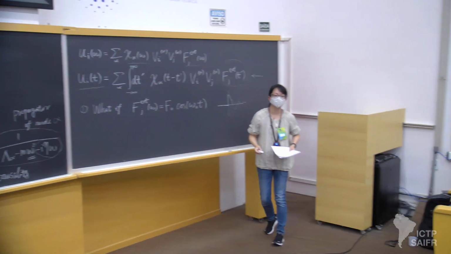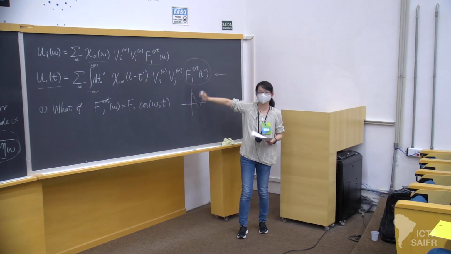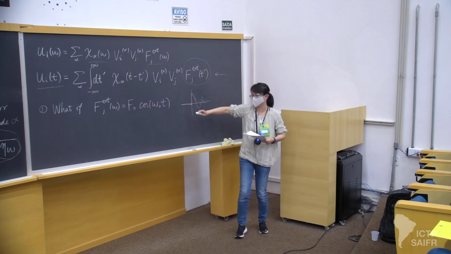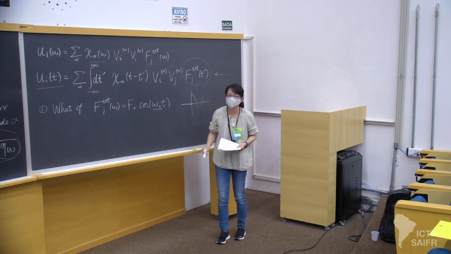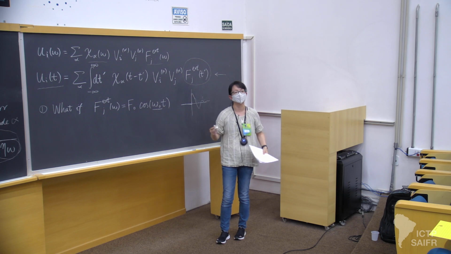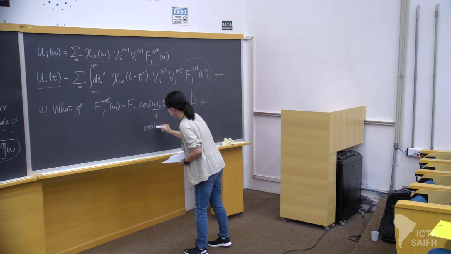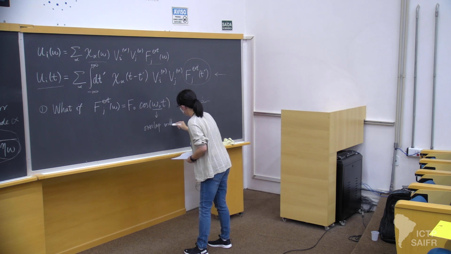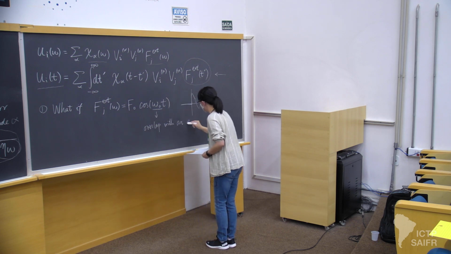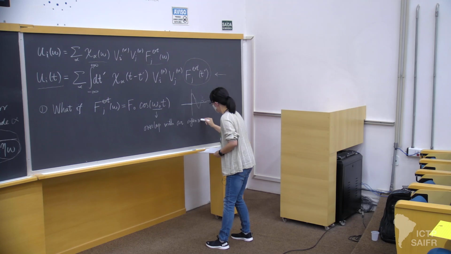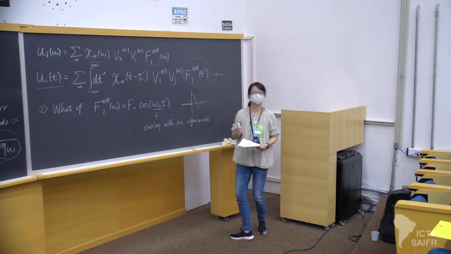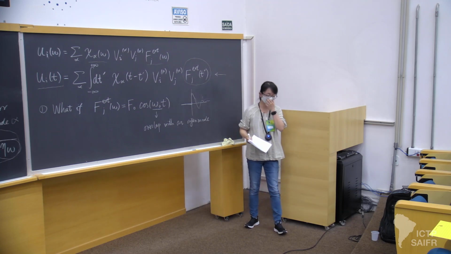I just give it a monochromatic force, just one frequency. And this omega naught happens to be one of the eigenmodes in the system. Happens to overlap with an eigenmode. What will happen?